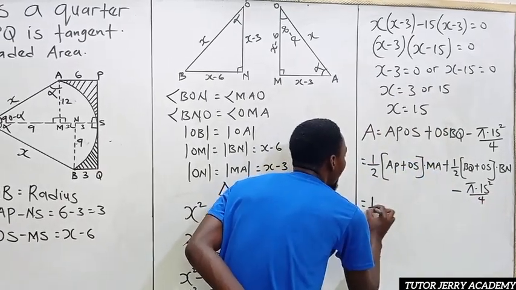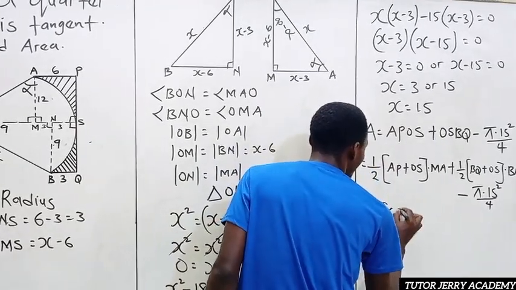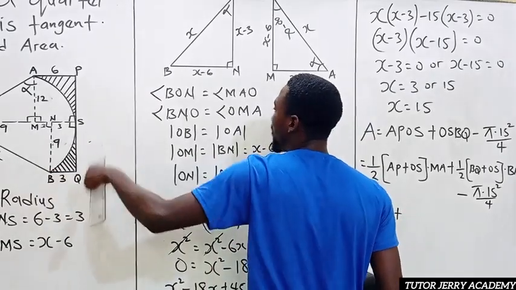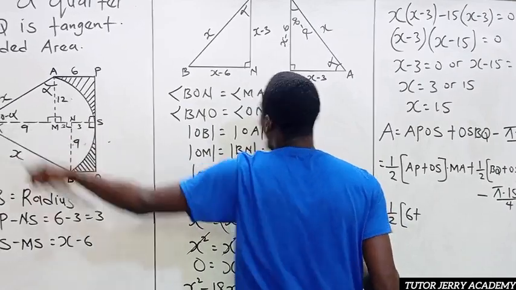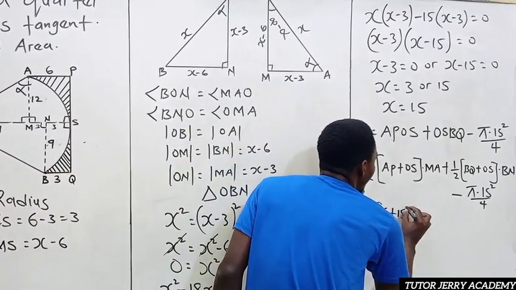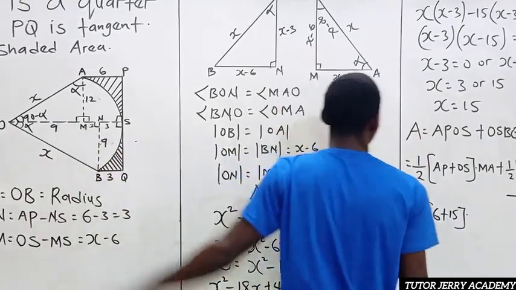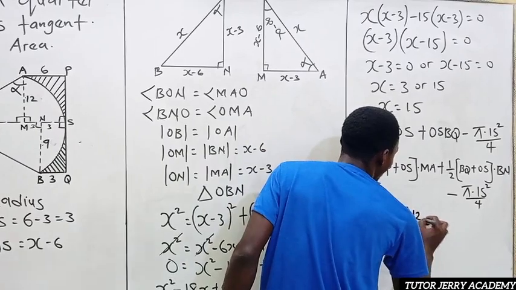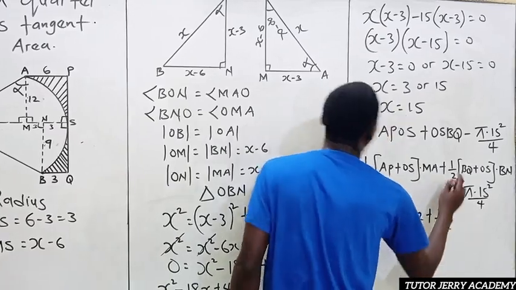All right, so let's substitute now. Half into AP, AP is 6, plus OS. OS is 15, because 9 plus 3 plus 3 is also 15, since we said it is the radius. So multiply by MA, the height, which is 12. So plus half into BQ.